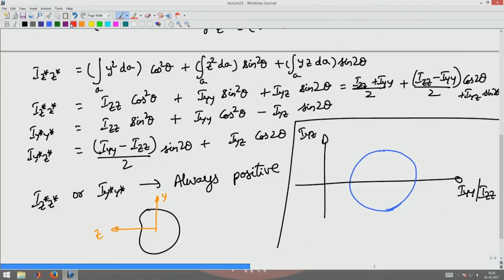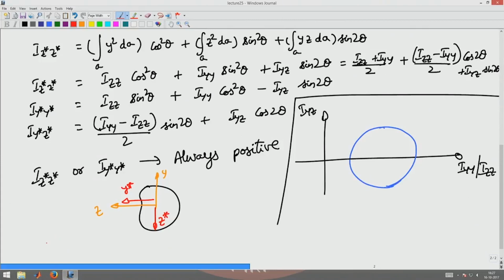Now say I change the orientation to y star pointing like that and z star pointing like this, that is, I rotated the coordinate system by 90 degrees. What is Iy*z*?